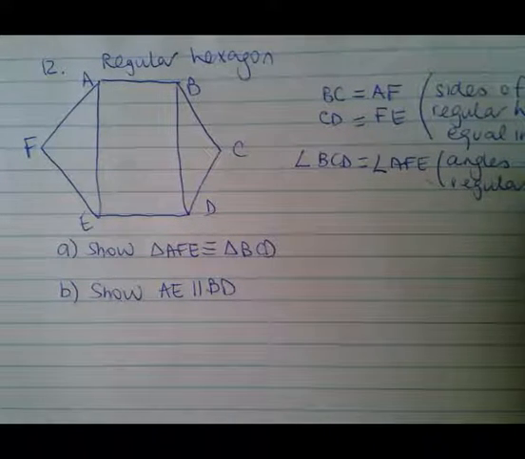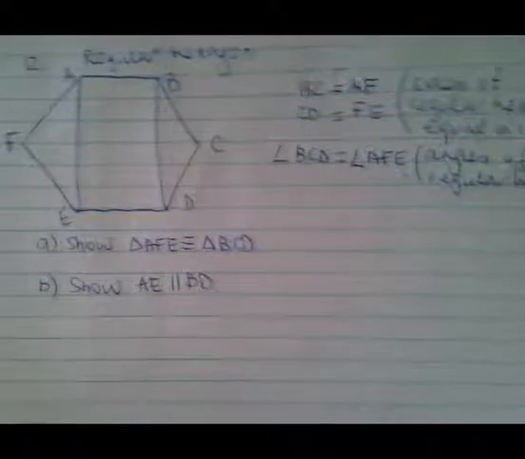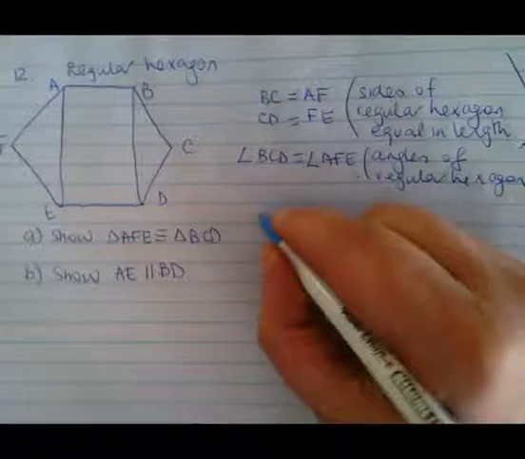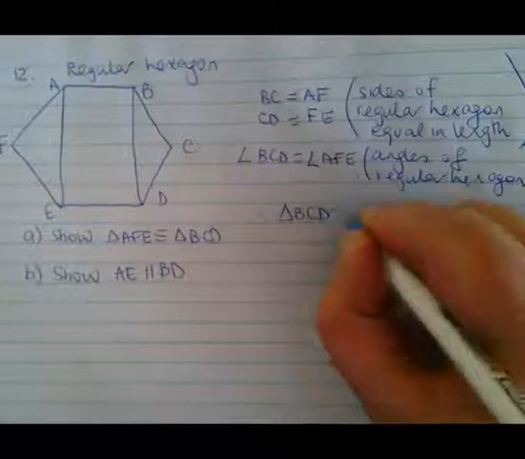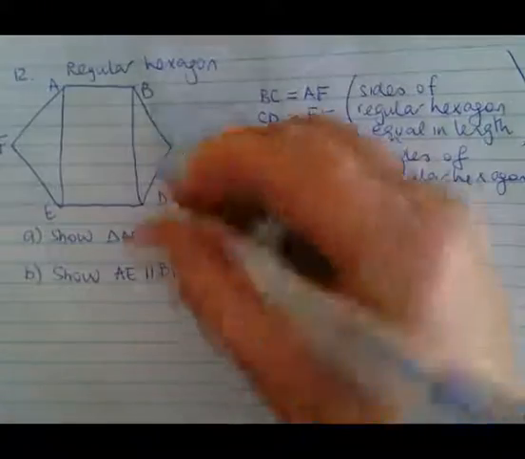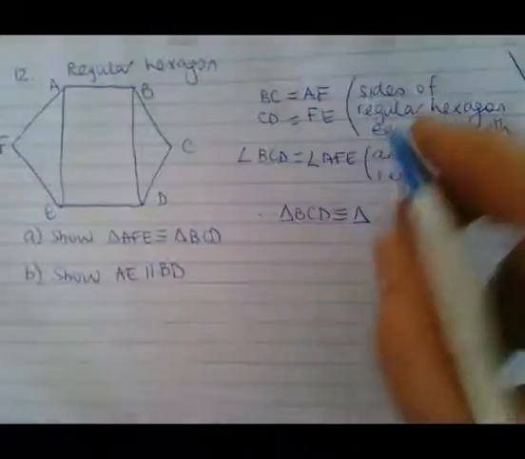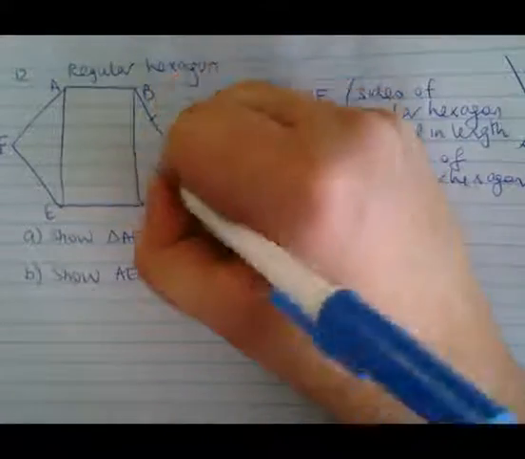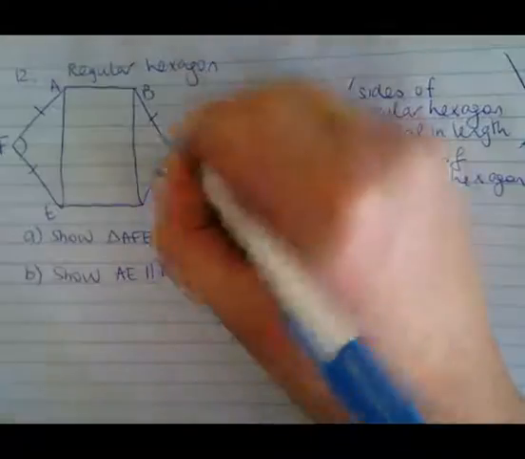Now I know we haven't worked out the sizes yet, and so you don't have to work it out. Therefore triangle BCD is congruent to triangle AFE by SAS.